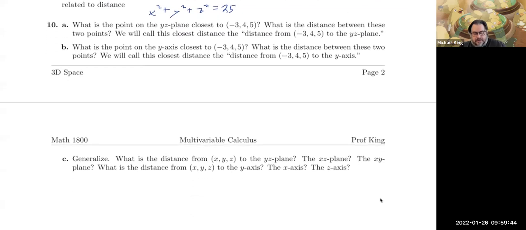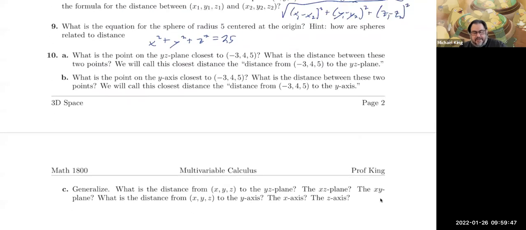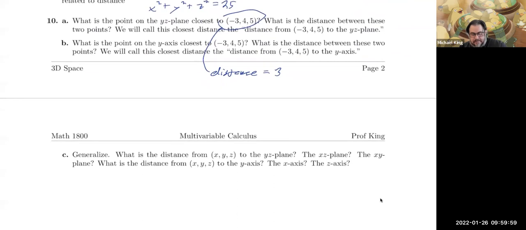For example, the distance from this point to the YZ plane was 3. When you generalize, the distance from (X, Y, Z) to the YZ plane is not just X, it's the absolute value of X, because you want distances always to be non-negative. You can't just take the X value, because that could be negative.